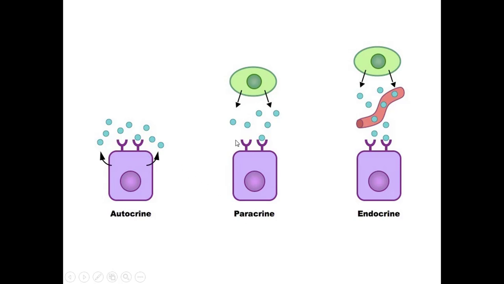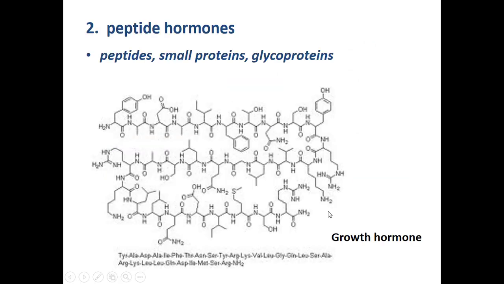Paracrine is where a cell releases chemicals such as paracrine hormones, eicosanoids, that will have an effect on nearby cells. So here we have a cell releasing chemicals and binding to receptors on a nearby cell. Endocrine hormones, of course, are hormones that are released into circulation, and they will travel to target tissues where they will interact with target cells.